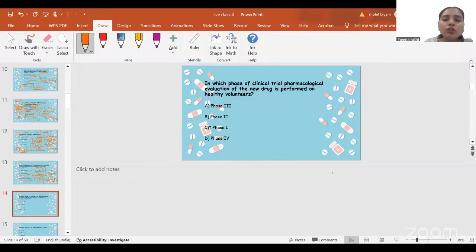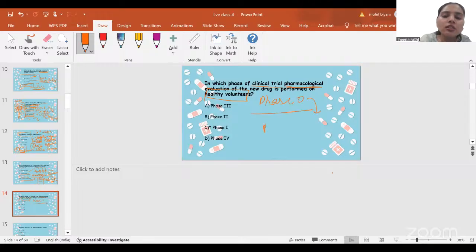Now, the next question. In the clinical trial, pharmacological evaluation of a new drug is preferred in healthy volunteers. What is the clinical trial? Whenever there is the making of a new drug, there are five types of trials implicated. First, and the newest trial, is called phase zero trial.